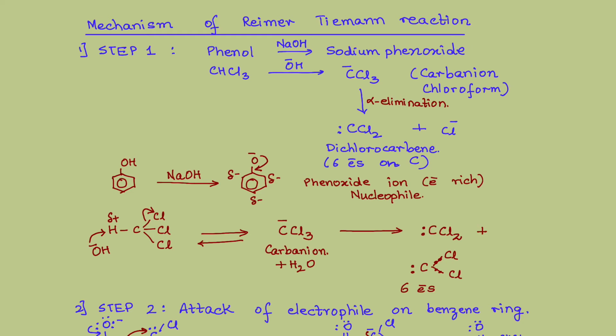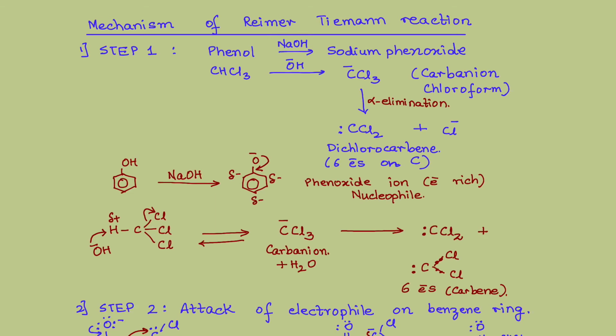This particular intermediate species is known as a carbene intermediate. You're not going to come across this type of intermediate at the course level that you are doing at present. But yes, this intermediate does exist, wherein carbon has a sextet, that means 6 electrons in its valence shell.